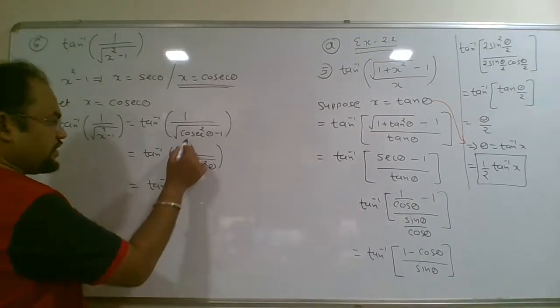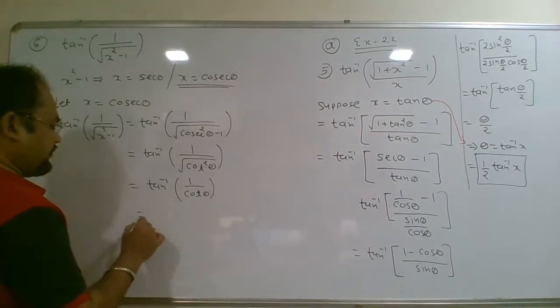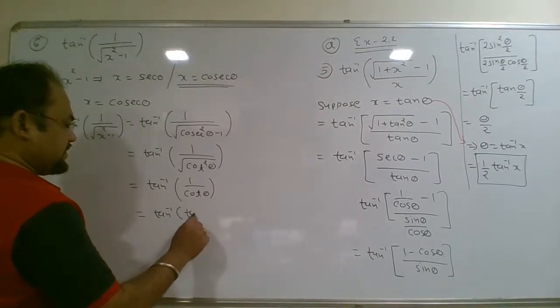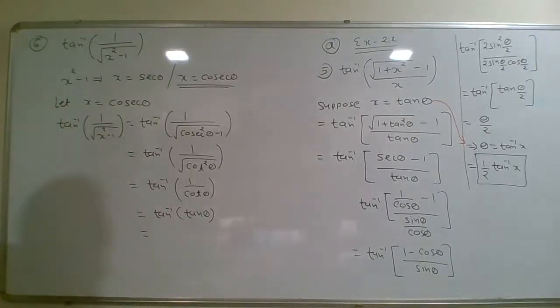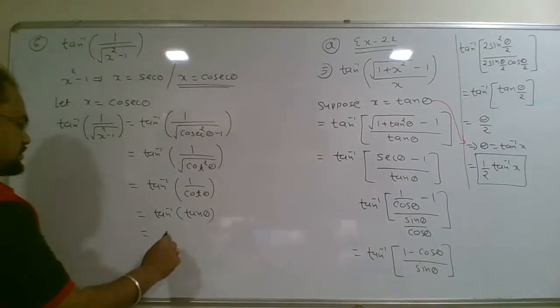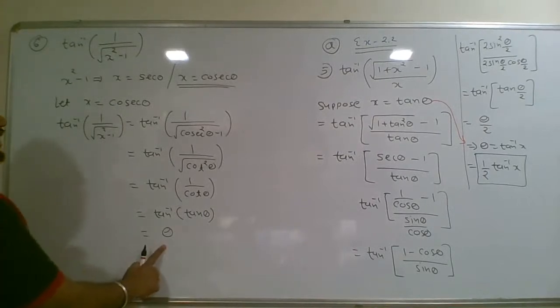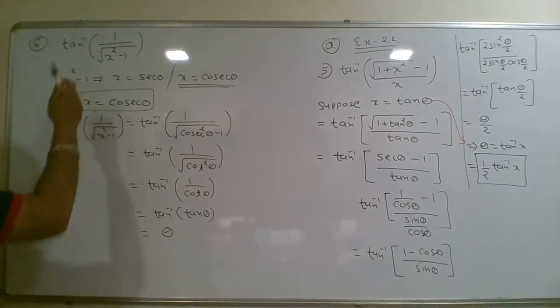So tan inverse 1 upon cot theta, and 1 upon cot theta is tan theta. So it is tan inverse tan theta. Tan inverse and tan are inverses of each other, so they cancel, which is equal to theta. And theta is equal to what? Here theta equals cosec inverse x.